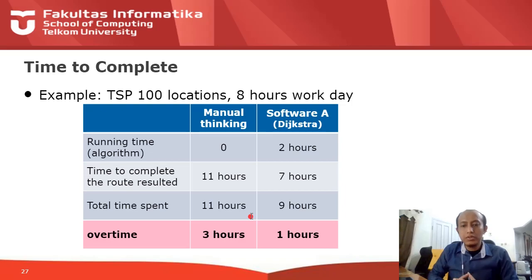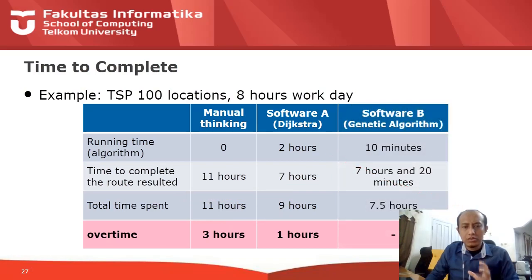So how about using software A with Dijkstra? The algorithm runs in 2 hours, very long, but the resulting route is the optimal one, 7 hours, meaning the total time spent is 9 hours. This is an improvement over manual.